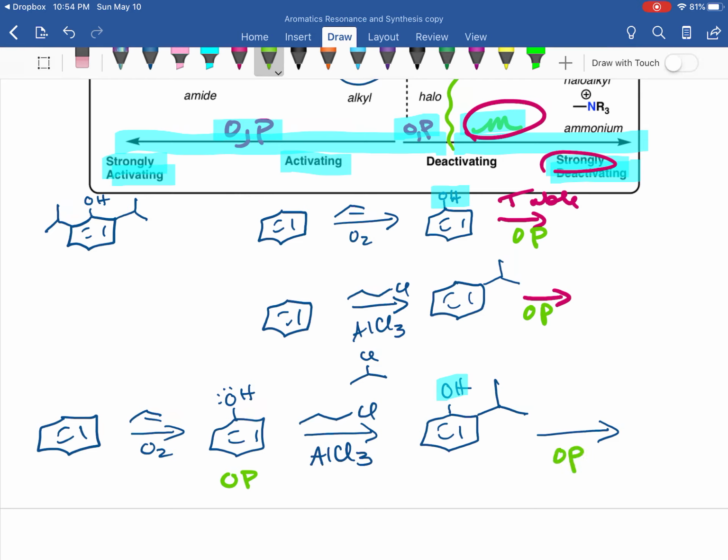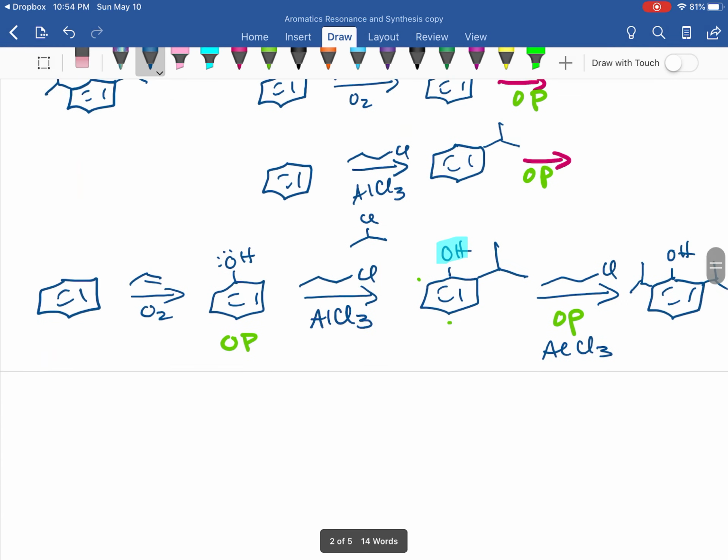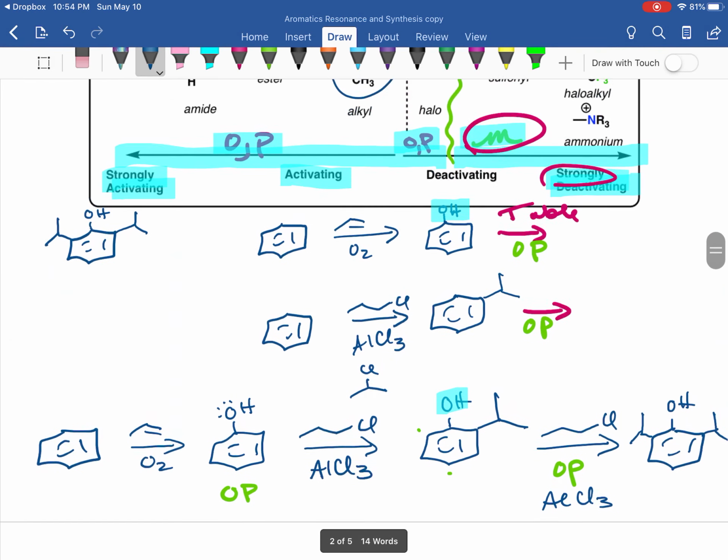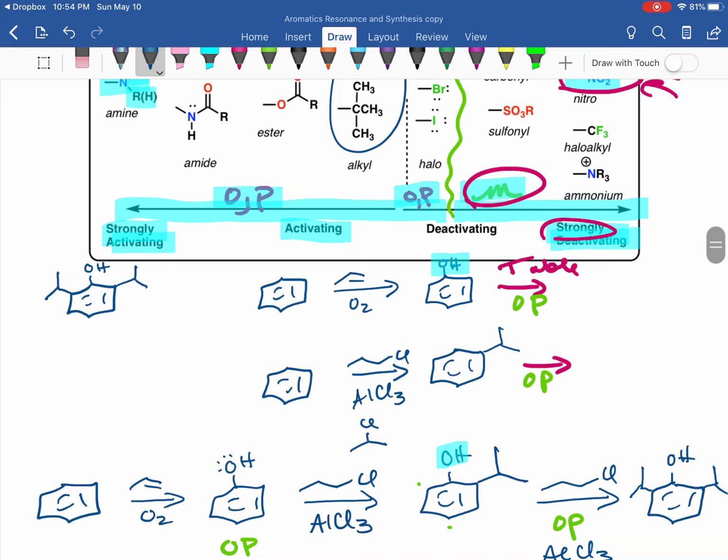So which one is the strongest? It is the OH group. And so that will be ortho para. So let's turn right around and do it again, because what is ortho or para to that OH group, here or here? And that is where we want that group. So now we just made propofol.